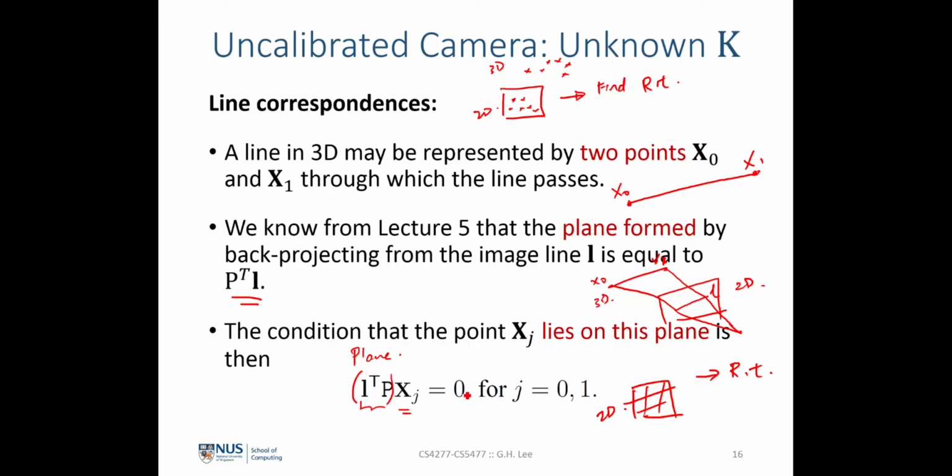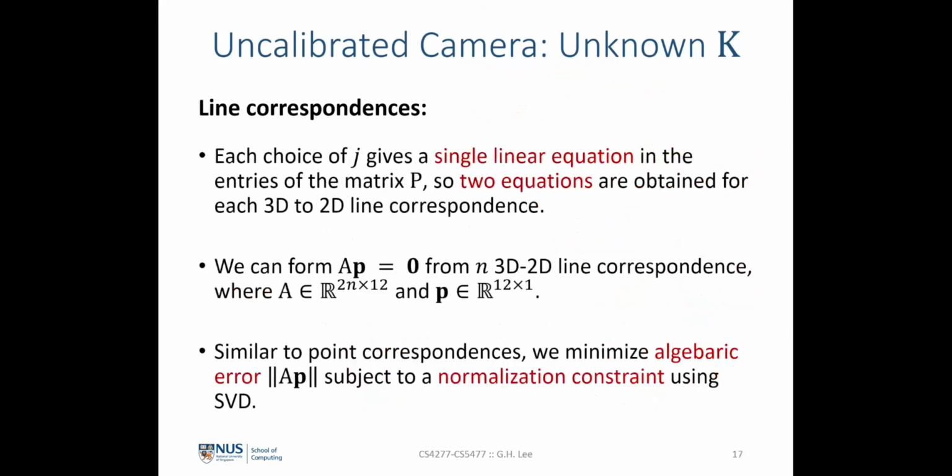We can evaluate this into a linear equation, which is when we expand this out and then rearrange P to be on the right side and the L and X to be on the left side. We can see that it's simply a system of linear equations with respect to the unknown entries in the P matrix over here.